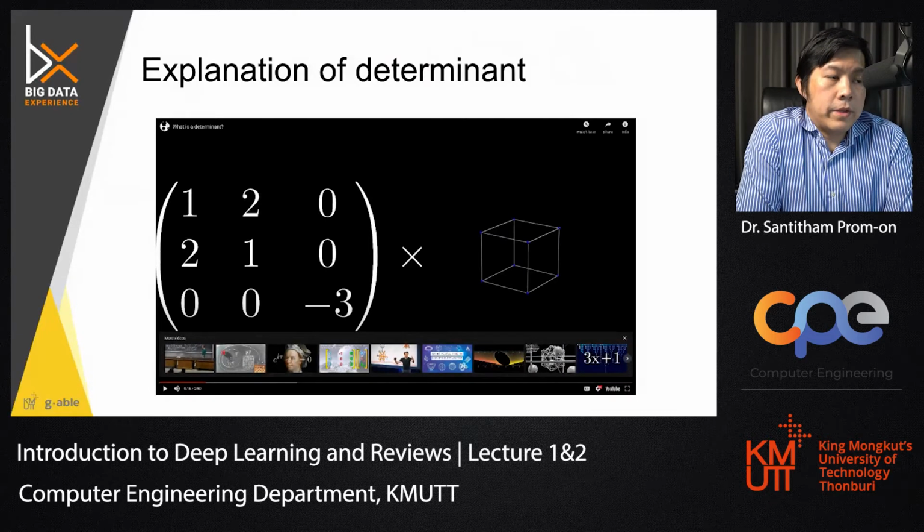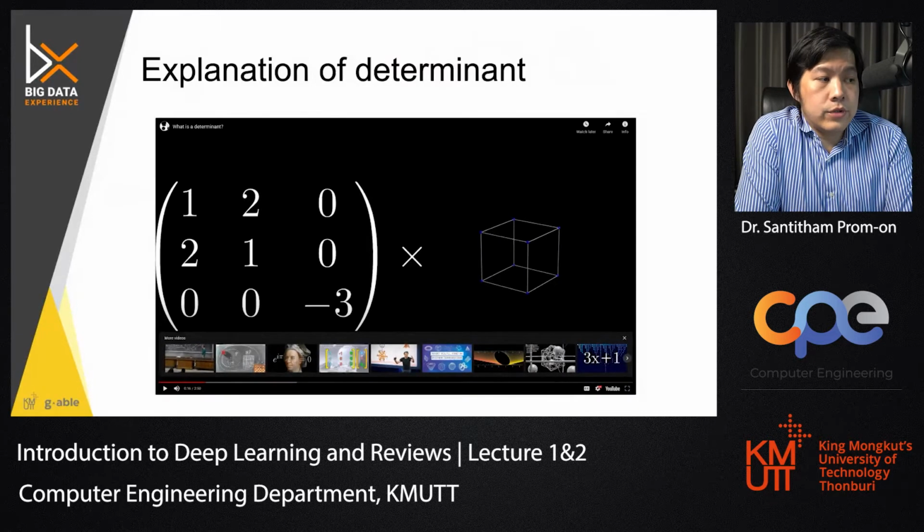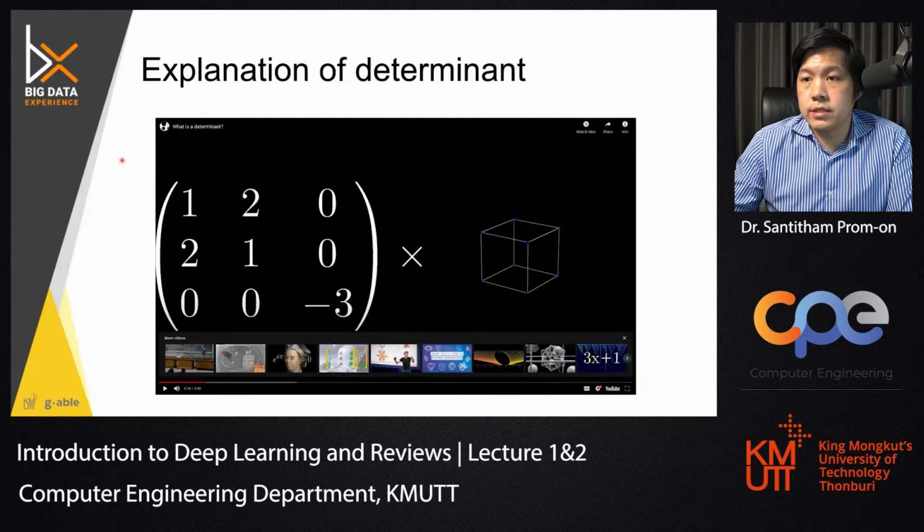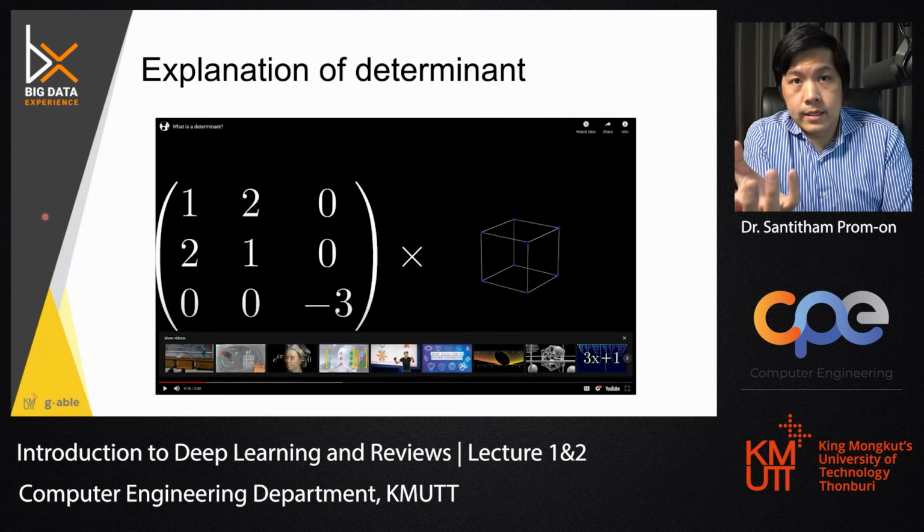When we talk about matrix transformation, it is actually the multiplication of the transformation matrix and the coordinate.